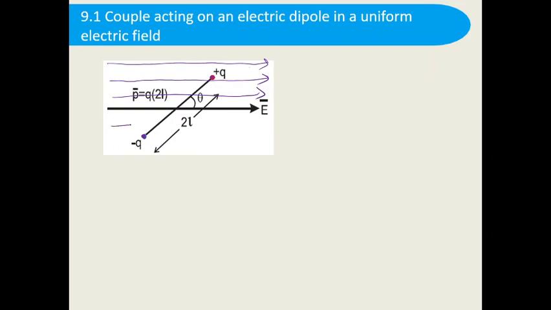If you remember the relation between force and electric field, or the definition of the electric field, the electric field is nothing but force per unit charge. So that means electric field and force direction are the same.